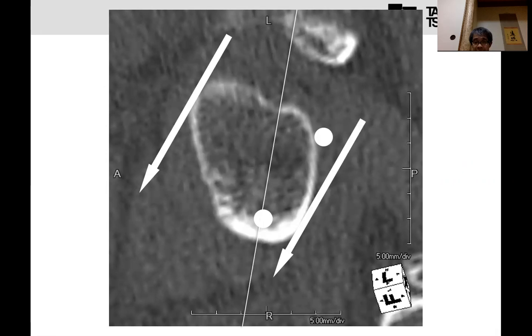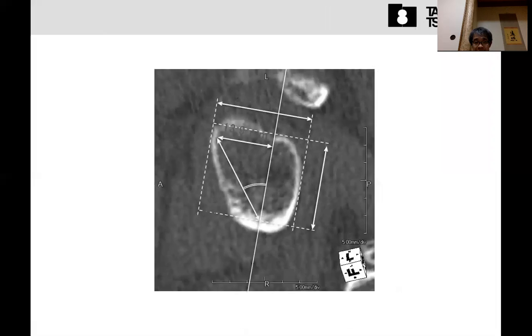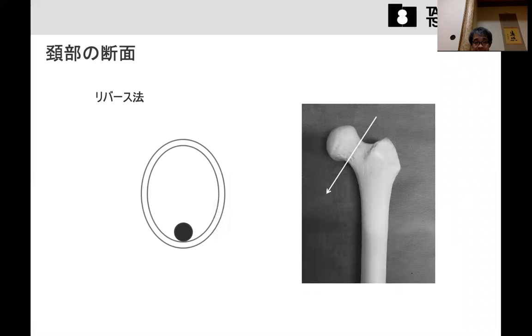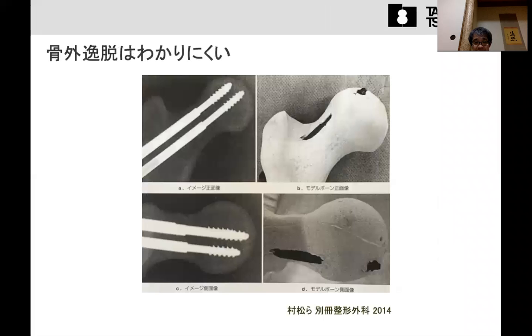But I don't know if it is a bad thing or a good thing, because, as I showed previously, even this screw can be inserted into the femoral head. So it can act as a stabilizer of the femoral head. So it may act very well, even if it is inserted outside of the bone.